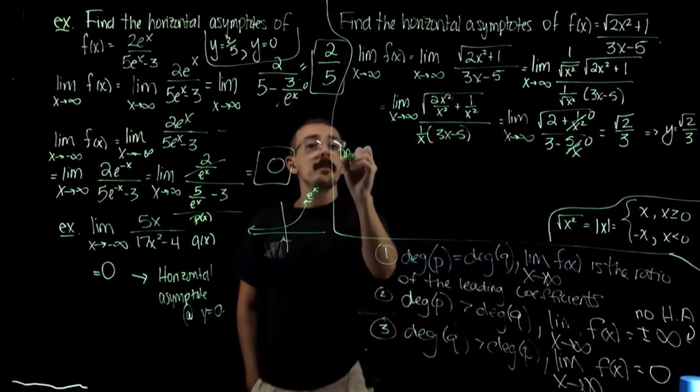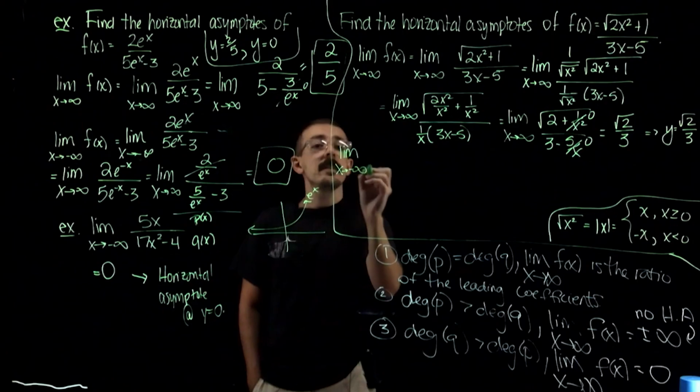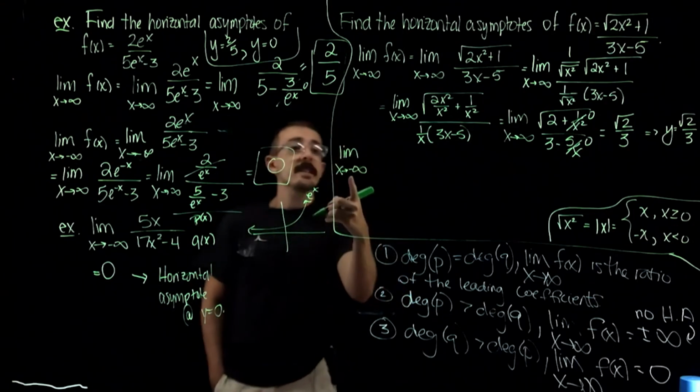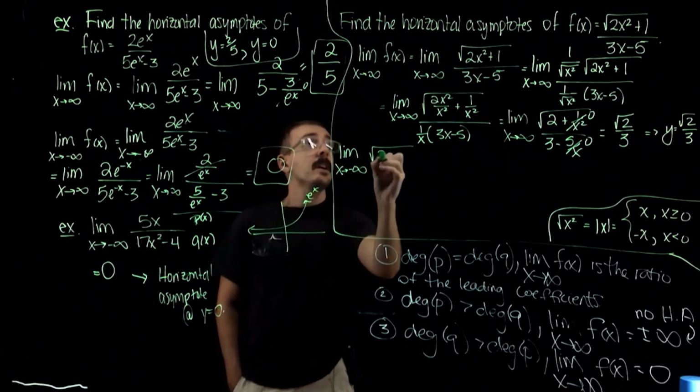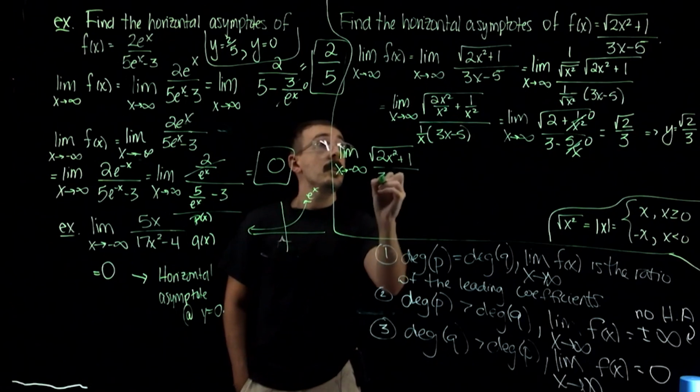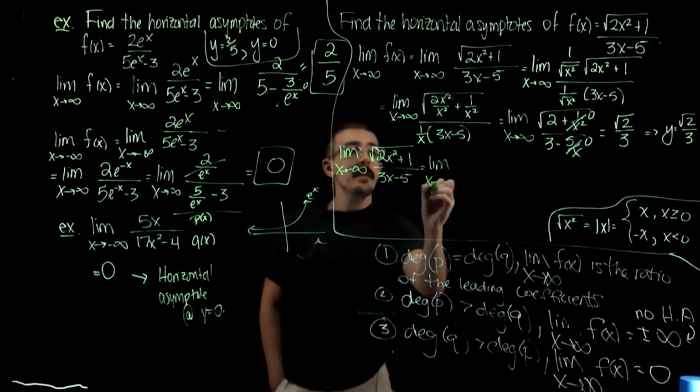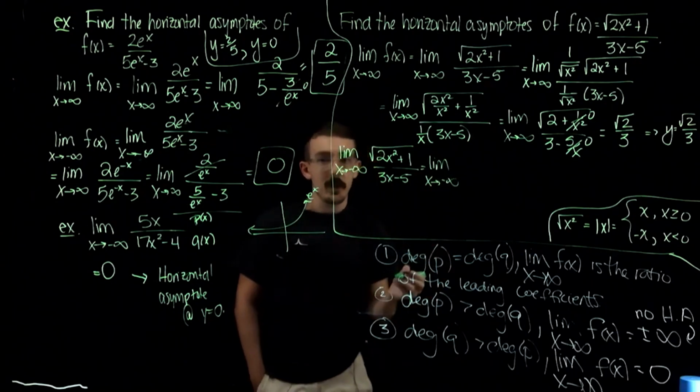Let's look at what happens when I consider the limit as x goes to negative infinity of f of x. So this is going to be the limit as x goes to negative infinity of the square root of 2x squared plus 1 over 3x minus 5. I'm going to do the same algebraic step I did before because it worked.